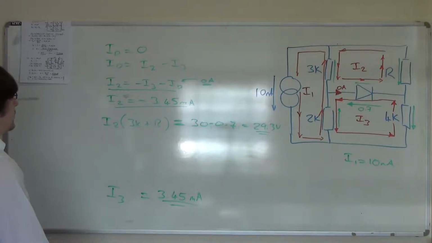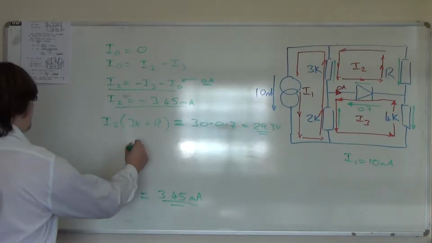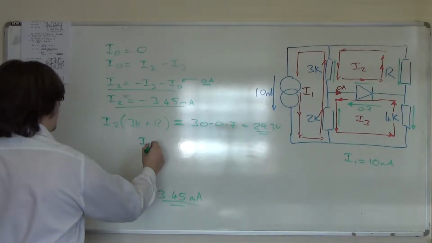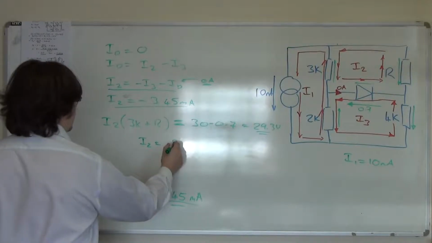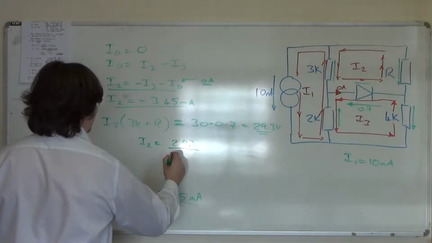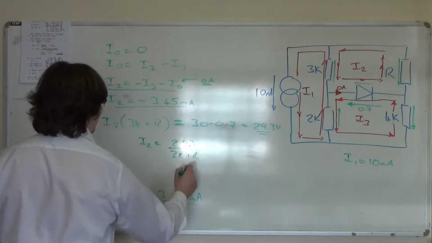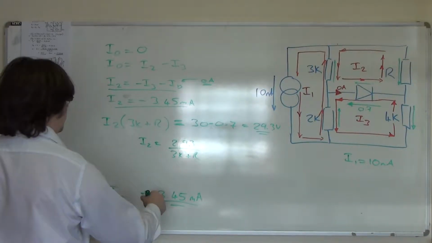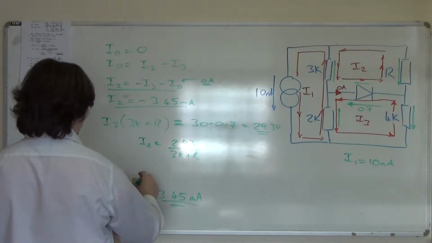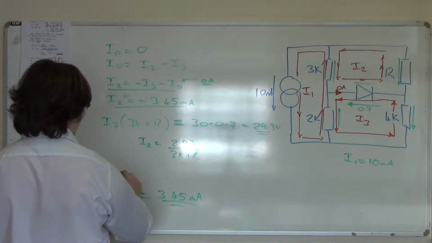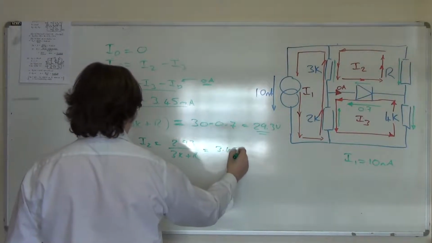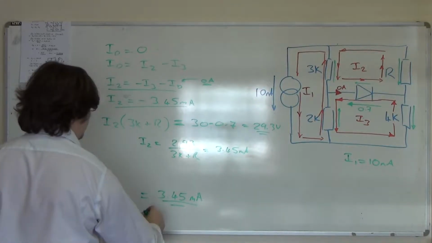So we can say that I2 equals 29.3 divided by 3k plus R, and that I2 must be equal to I3 from up here, so we can say that it equals 3.45 milliamps.